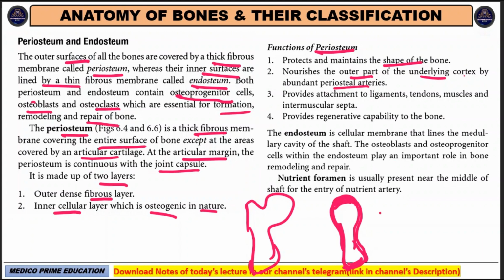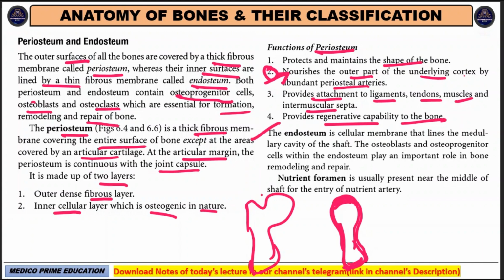I will discuss the blood supply of the bone in that slide, and you will be clear about that point. It provides attachment to ligaments, tendons, muscles, and intermuscular septa. It also provides regenerative capability to the bone.